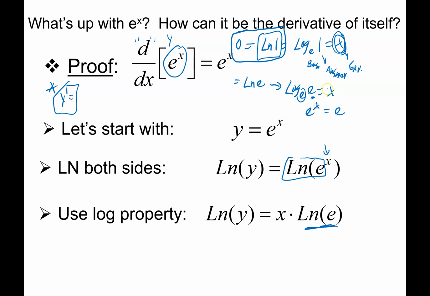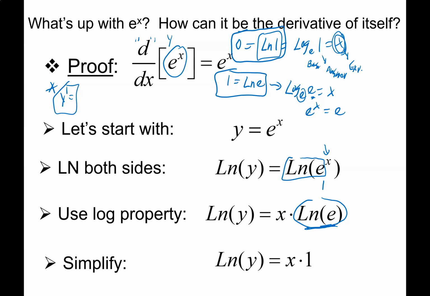So e to what power stays e? Well, I know anything to the power 1 stays itself, so ln of e is 1. So really, this is just another way to say 1. So I simplify, and I get this. And then 1 times x is just x.